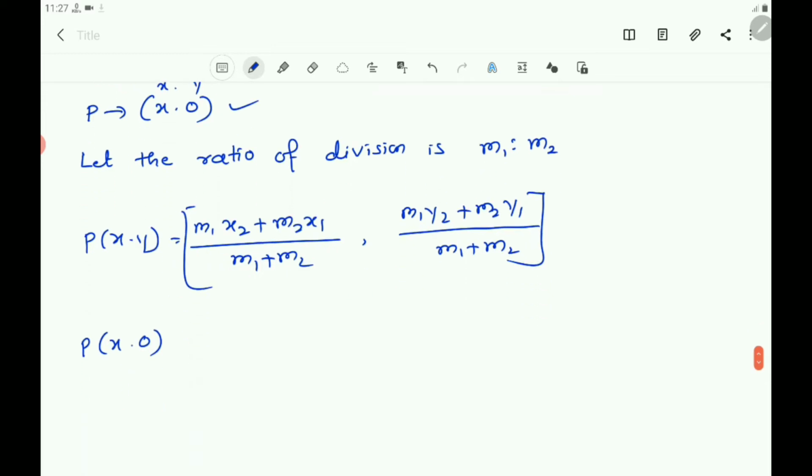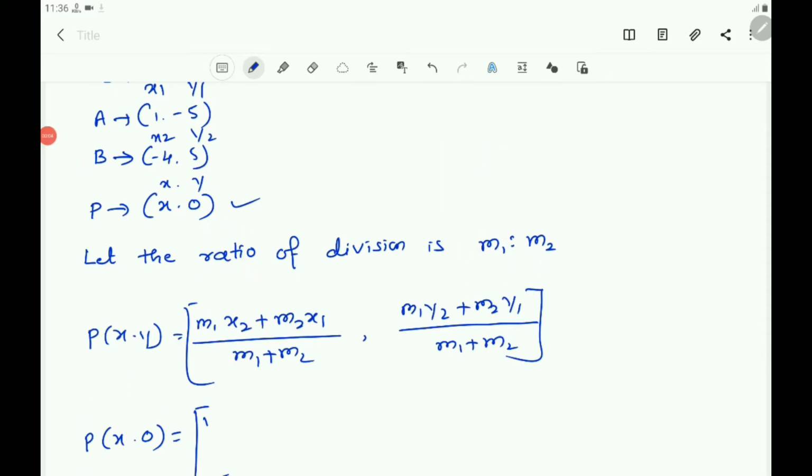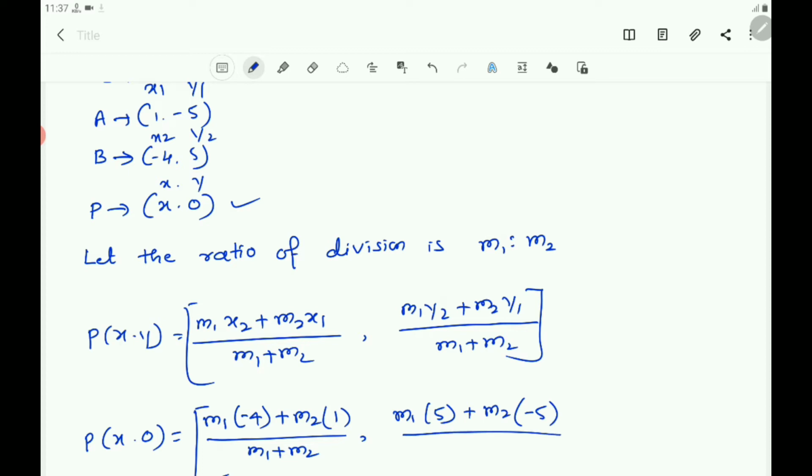Now, m1 into x2, which is -4, plus m2 into x1, which is 1, by m1 plus m2. Then m1 into y2, which is 5, plus m2 into y1, which is -5, by m1 plus m2.